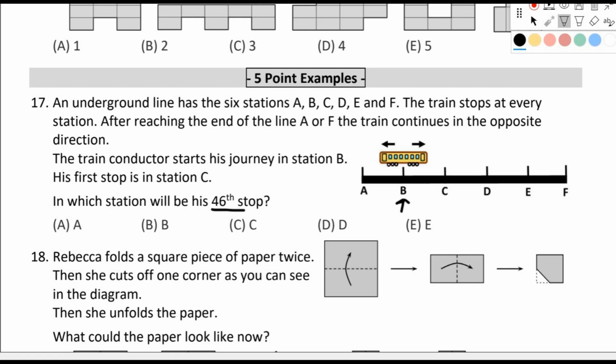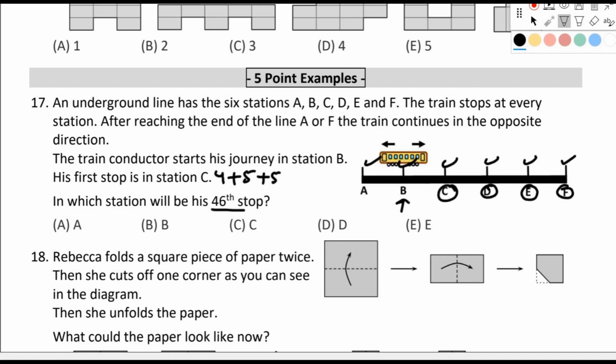For the 46th stop for the conductor, starting with B, forward there is 1, 2, 3, 4. So 4 stops forward, plus backward 5, again forward another 5.